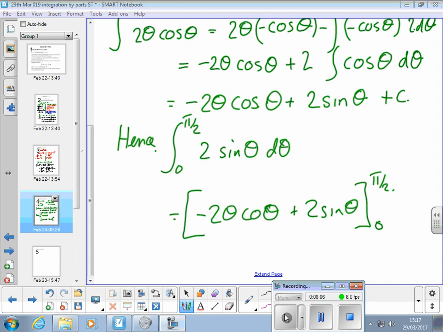Finish that definite integral off, a couple of minutes, evaluate that and see what final answer you get.